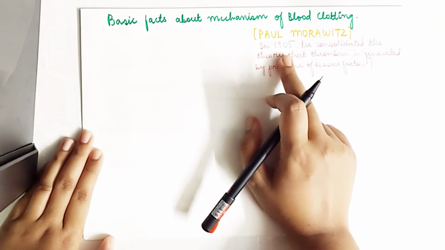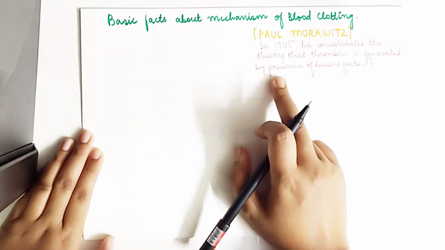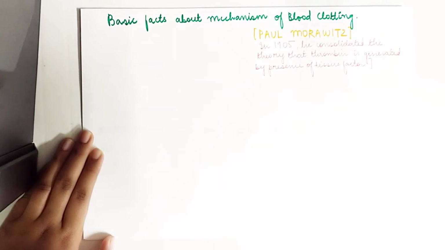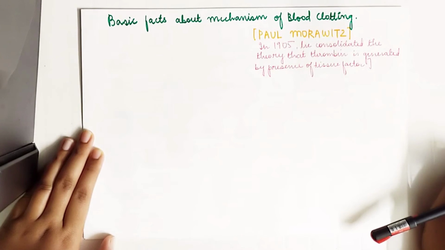In 1905, he consolidated the theory that thrombin is generated by the presence of tissue factor.